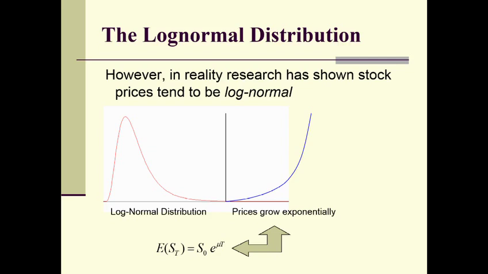What does that mean? The implication is that there is a greater likelihood of a larger than normal return in the long run, right?